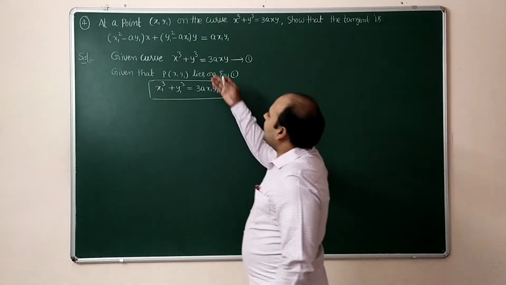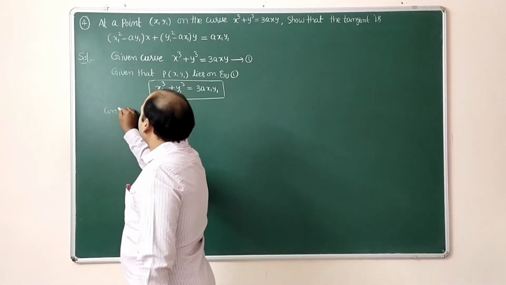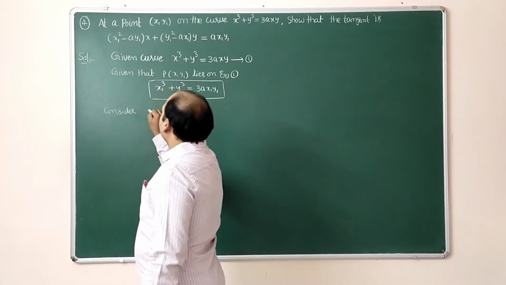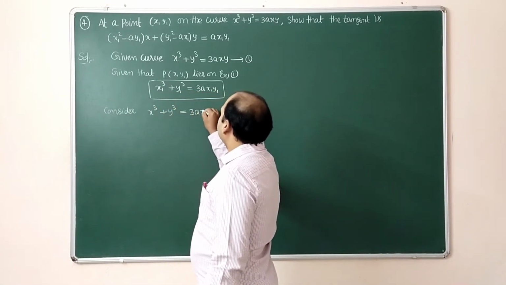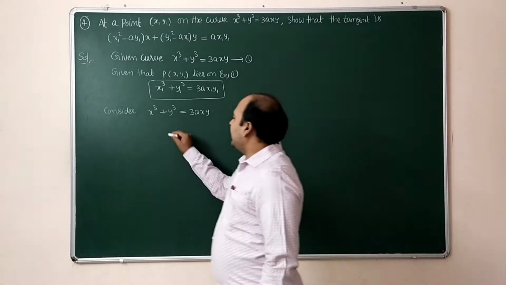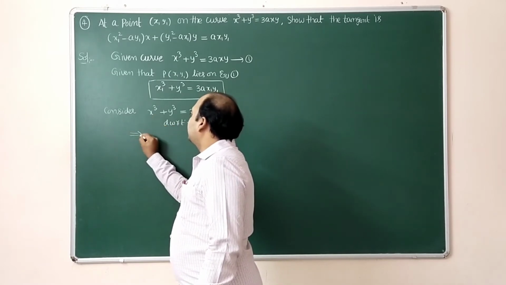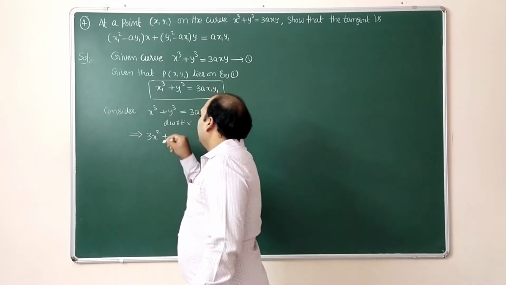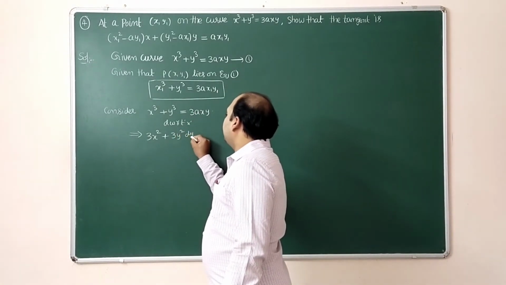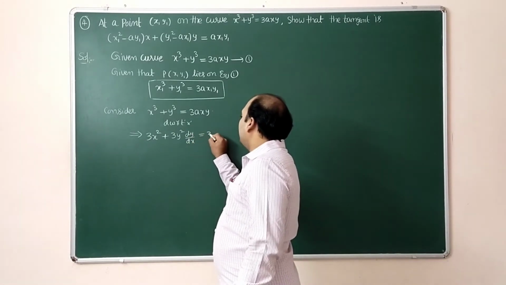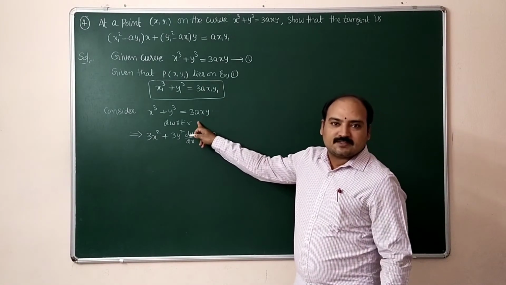After that, again consider the curve x cube plus y cube is equal to 3axy and find the slope. Differentiate with respect to x. d by dx of x cube is 3x square, plus d by dx of y cube is 3y square into dy by dx, is equal to 3a, which is constant. Here you can apply the uv formula, u is x, v is y.